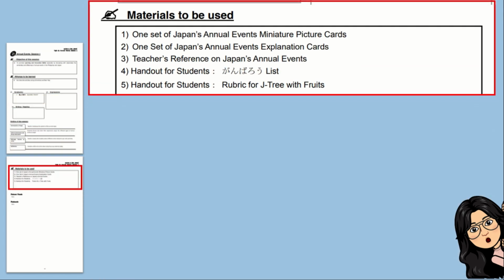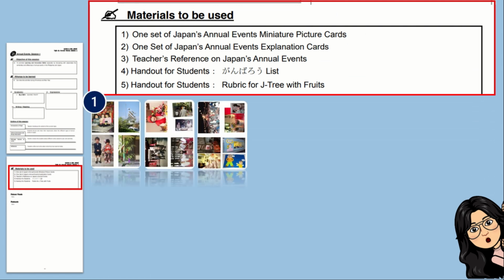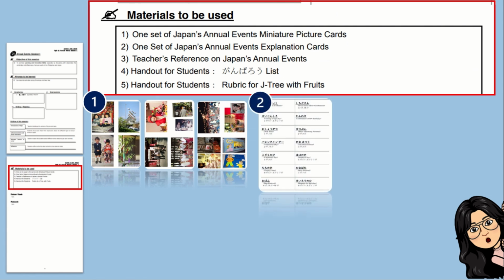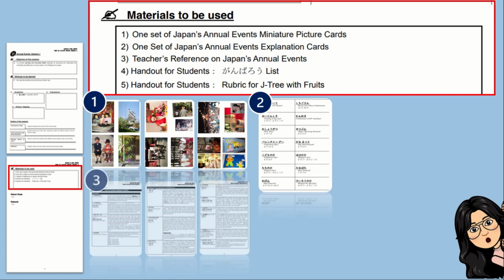We need to prepare the following materials. We have quite a number. First one, set of Japan's annual events miniature picture cards. Second, set of Japan's annual events explanation cards. Third is the teacher's reference on Japan's annual events.